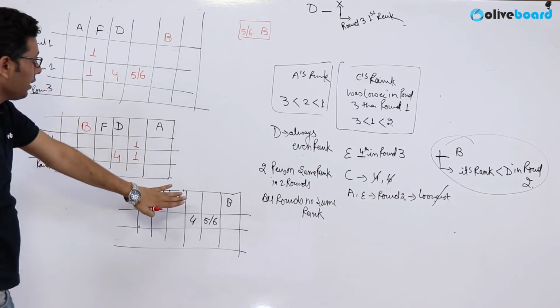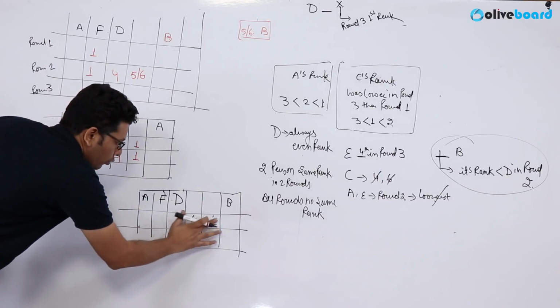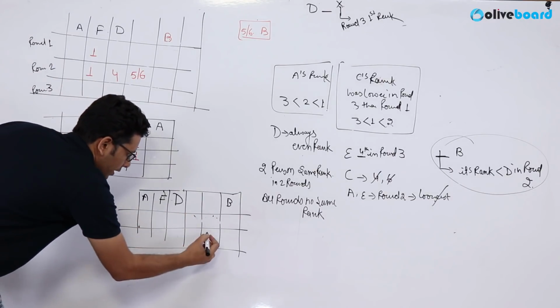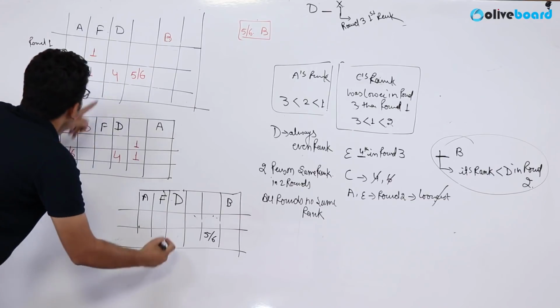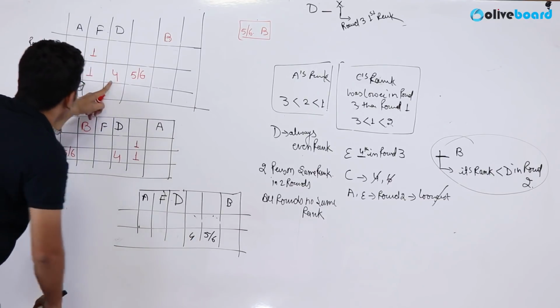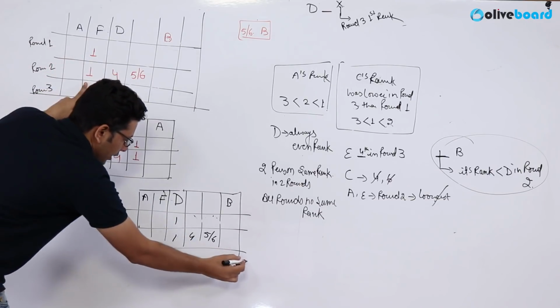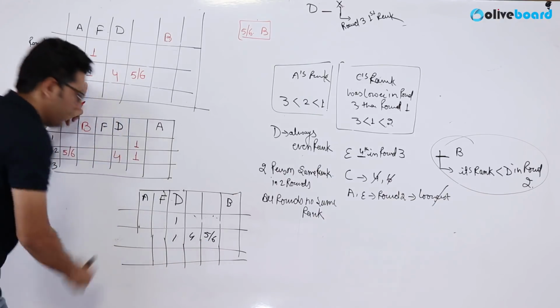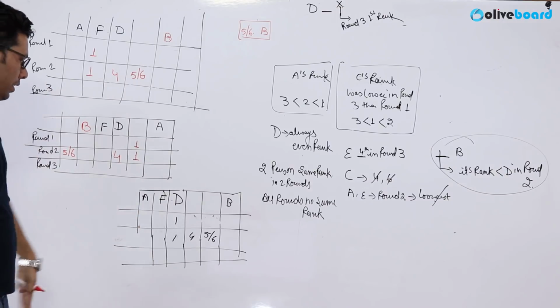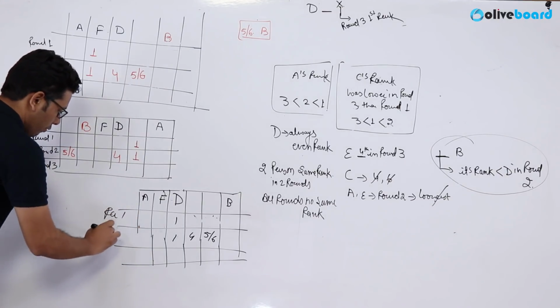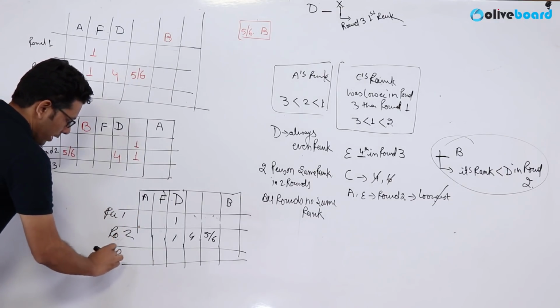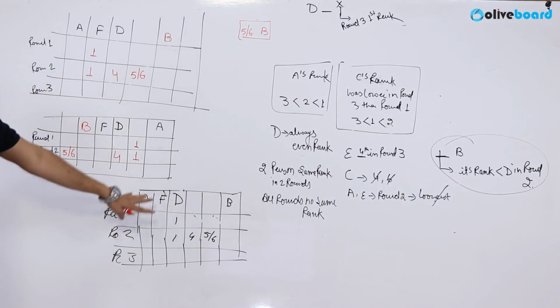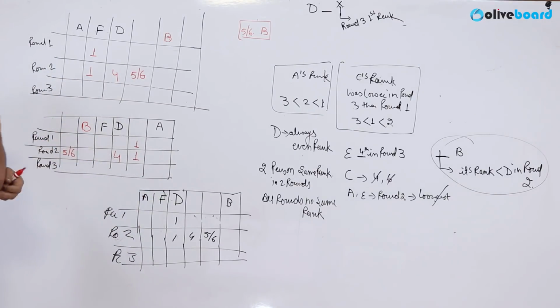Sorry, it would be in round 2. So I do not need to put 5 and 6 here. I need to make one more line. It would be like this. This should be the arrangement: round 1, round 2 and round 3. So this is the case.